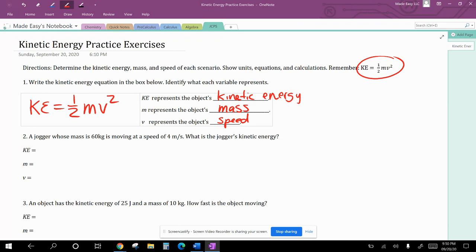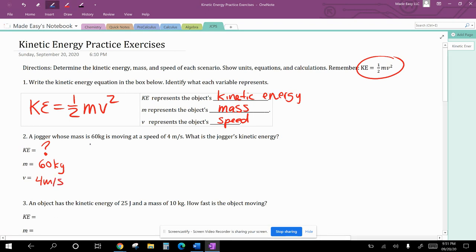2, a jogger whose mass is 60 kilograms is moving at a speed of 4 meters per second. What is the jogger's kinetic energy? Well, we don't know what the kinetic energy is, so I'm going to put a question mark for that because that's the unknown. The mass is 60 kilograms, and then they give us a speed of 4 meters per second.